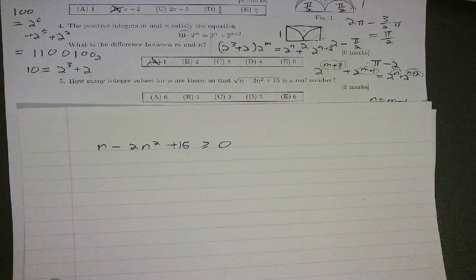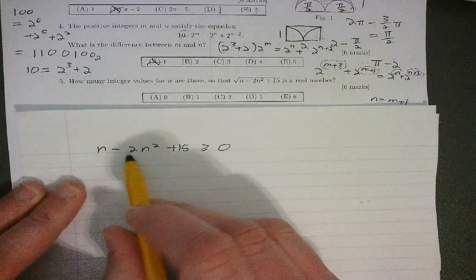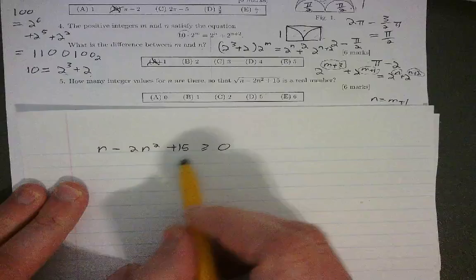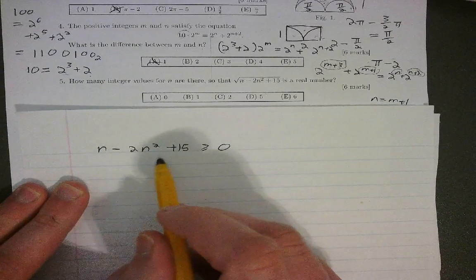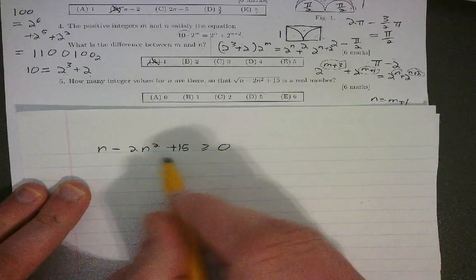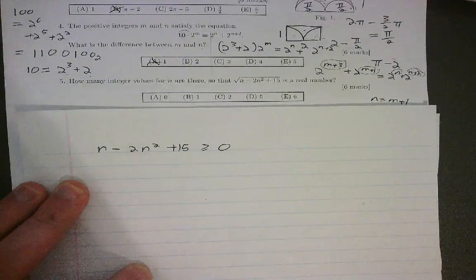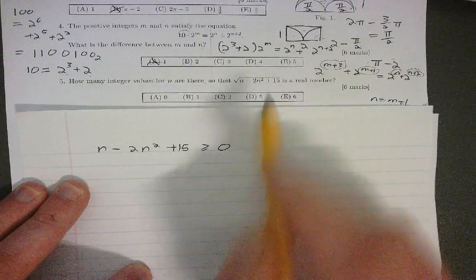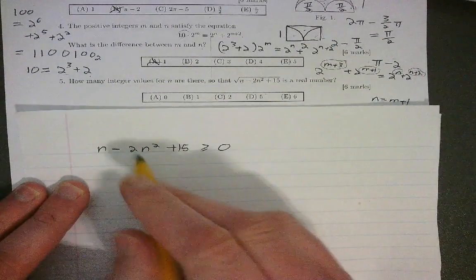Now, it's possible to factorize this and find out for what range of values of n this is positive, and they teach you this method in school. However, for me, it just felt like it'll be faster just to try different values of n.